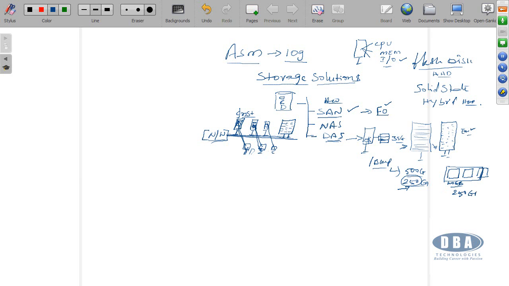Is this physical? No, logically I'm fencing it. This solution can be provided by a tool called a volume manager, the manager which is going to manage the volume.